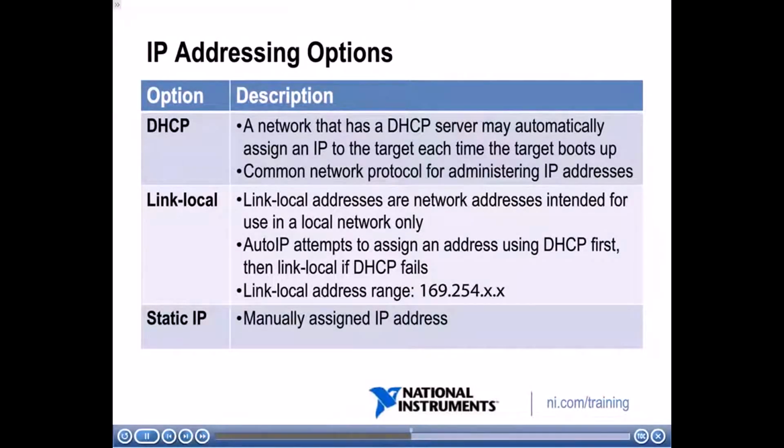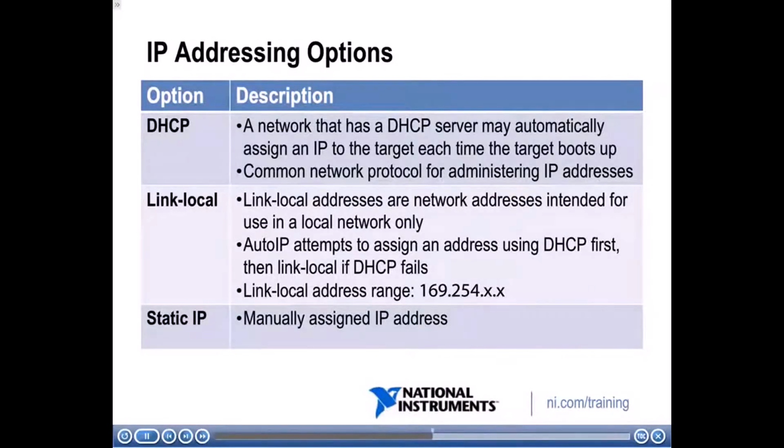For example, if I connected a real-time target to a local area network with a DHCP server, the DHCP server would automatically assign that real-time target an IP address. And if I connected my host computer to that same network, the DHCP server will automatically assign my host computer a different IP address. This is a common network protocol for administering IP addresses.